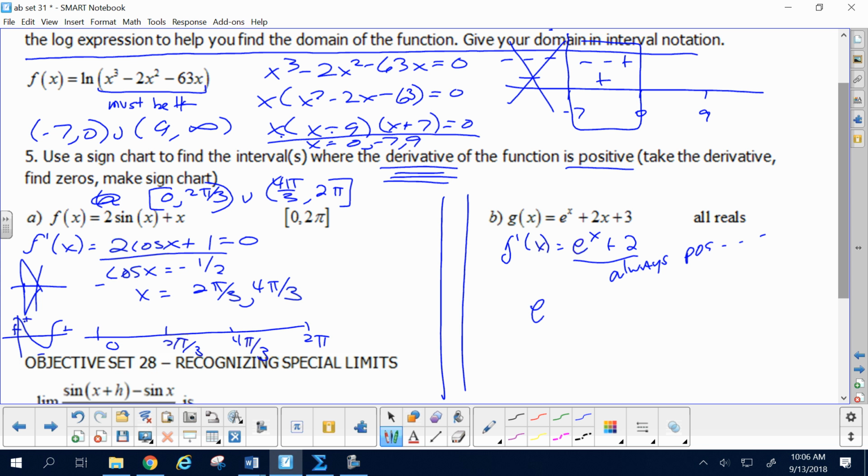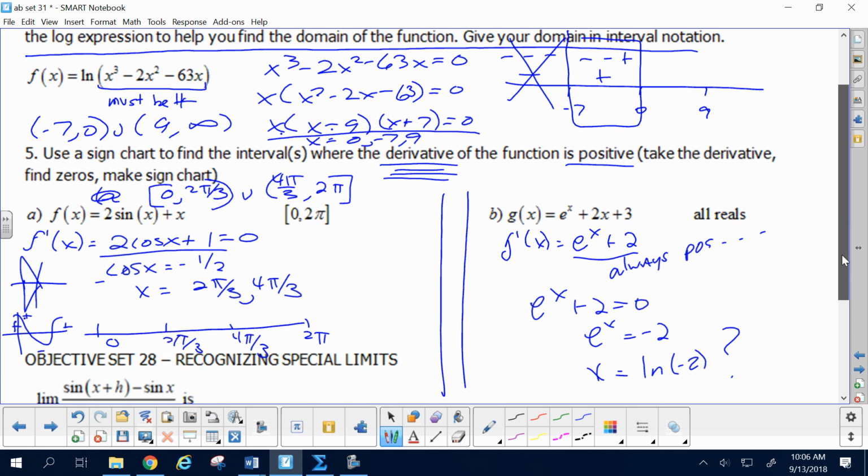If you mindlessly plowed ahead looking for zeros, hopefully not too far down the line, you said, wait a second, x is the natural log of negative 2. What? That doesn't work. And you probably said something's amiss. I hope. If your eyes are open. If you just mindlessly plowed ahead, then shame on you.